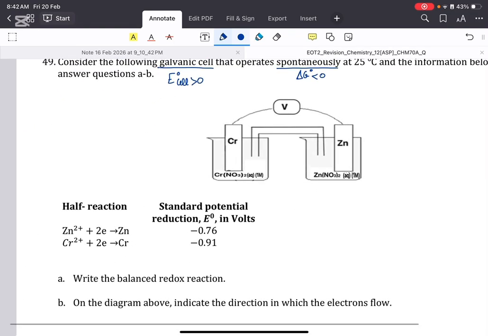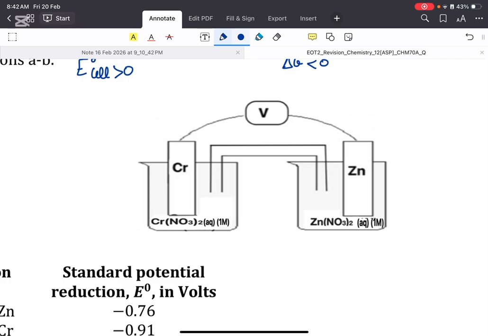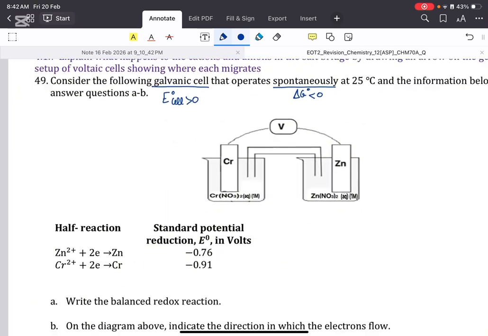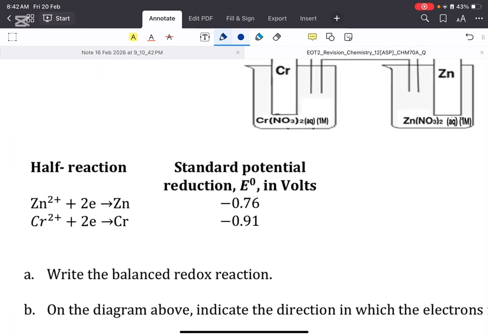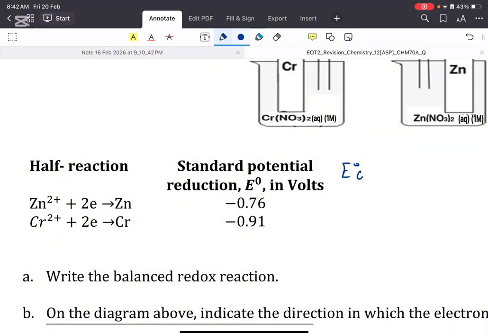So when I have a reaction like this and they told me that this is spontaneous, since there is no indication on the cell over here, in order for the E cell to be positive, the one with the higher voltage, see, I'm comparing those two voltages.